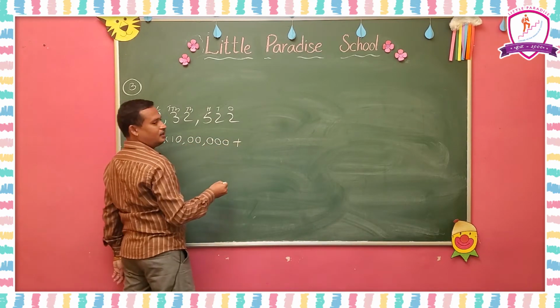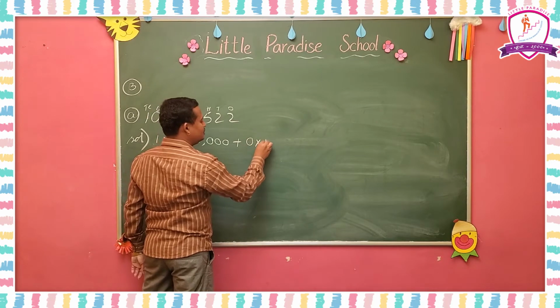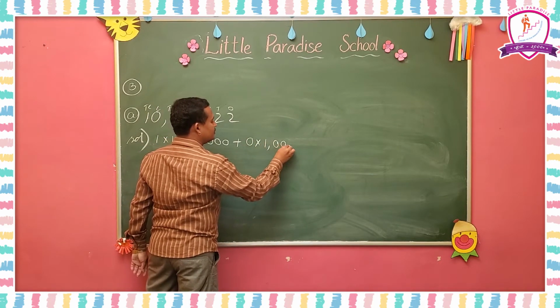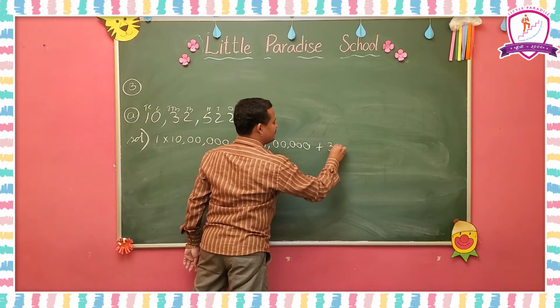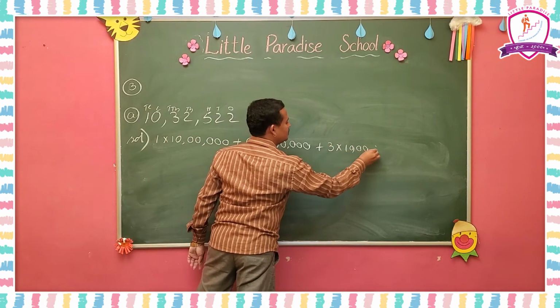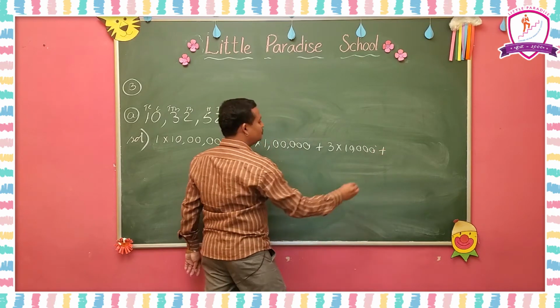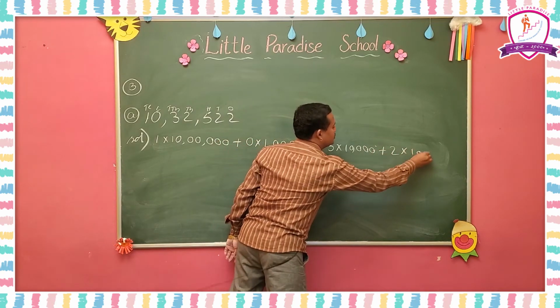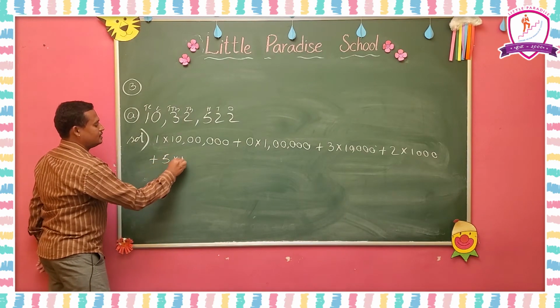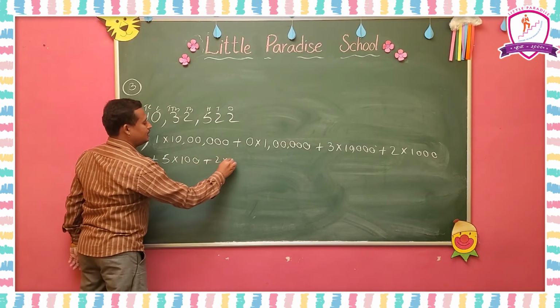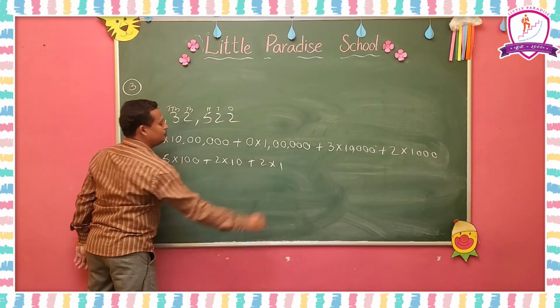So here 1 in 10 lakhs plus 0 in lakhs, 0 into 1 lakh, 3 in 10,000s, 10,000 plus 2 in 1,000 plus 5 in hundreds plus 2 in tens plus 2 in 1.